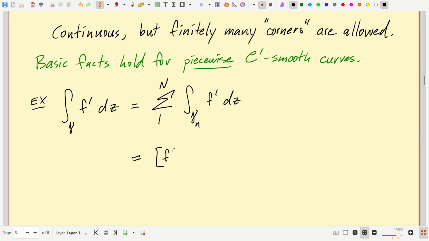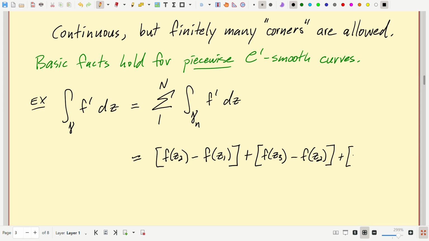I get f at the end point of that segment minus f at the starting point. And then the second segment, I'd get f at z3 minus f at the starting point, which would be z2. And one more, f of z4 minus f of z3, plus dot, dot, dot. The last one would be f at the ending point, call it zn, minus f at zn minus 1.